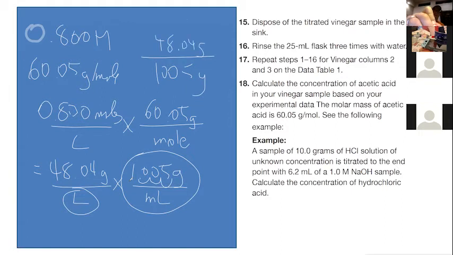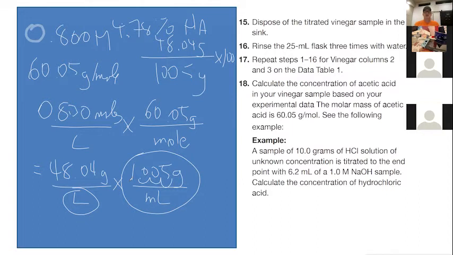48.04 grams is acetic acid. So that is my ratio. We multiply that by 100 and we get 4.78%, which is pretty close to 5.